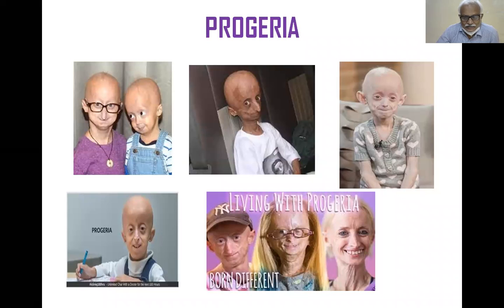So this is a typical example of progeria. Maybe they are very small of age, but their face appears as if they are of advanced age. So we are seeing in both sexes, the small boys or girls appearing as if they are of advanced age.